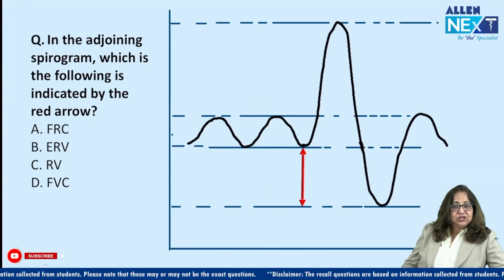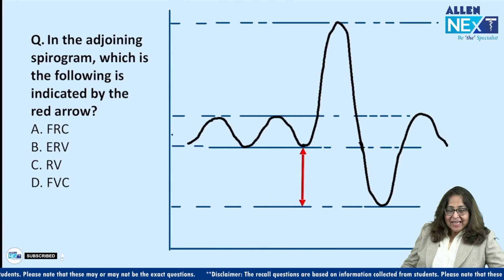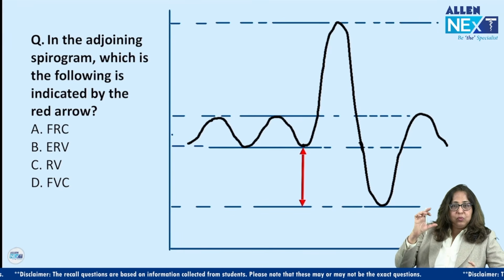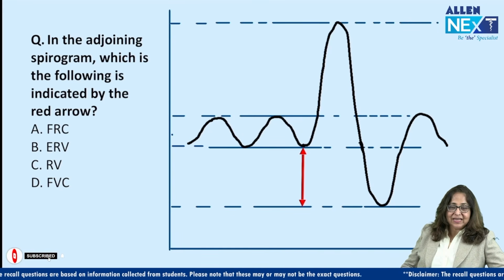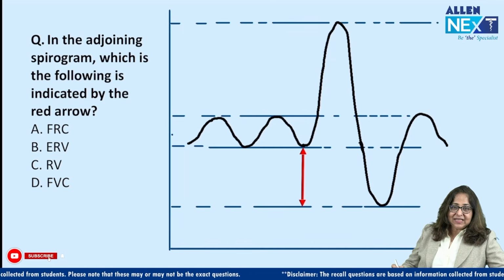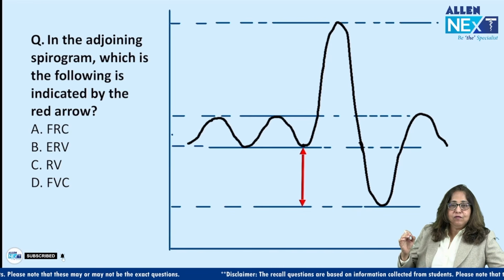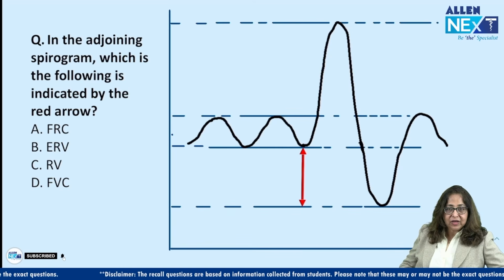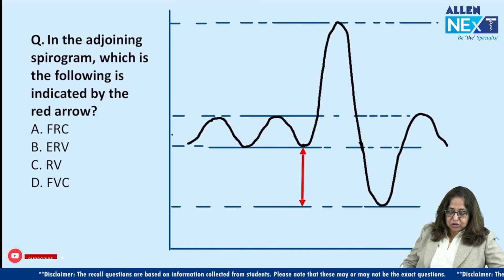Let's have a look at the next question. Now, this is spirometry. And now in this, you had to identify what is this volume which is indicated by the red arrow. Is it the FRC? What is FRC? It is the volume of air present in the lungs at the end of a normal expiration.